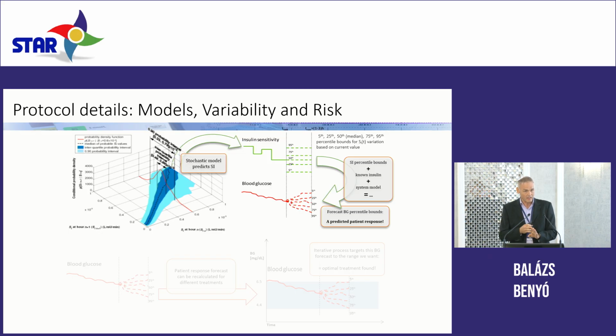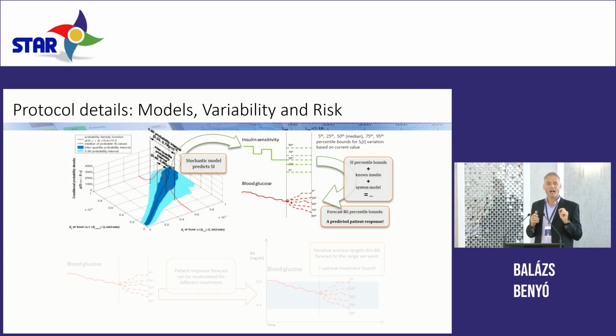This is the key step. After I have the current state of the patient, I will predict the future trajectory of the patient state, what state the patient will have in 1, 2, 3, or 4 hours.